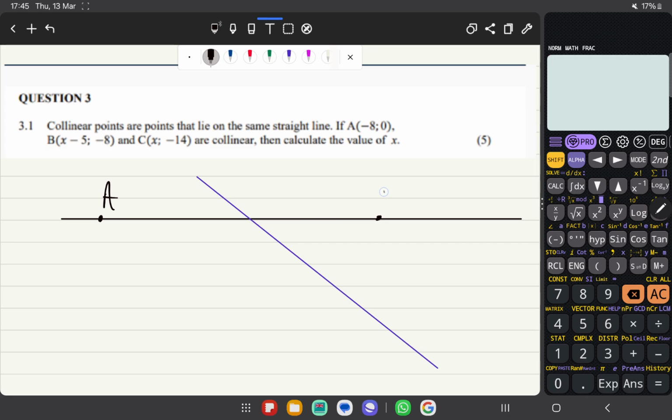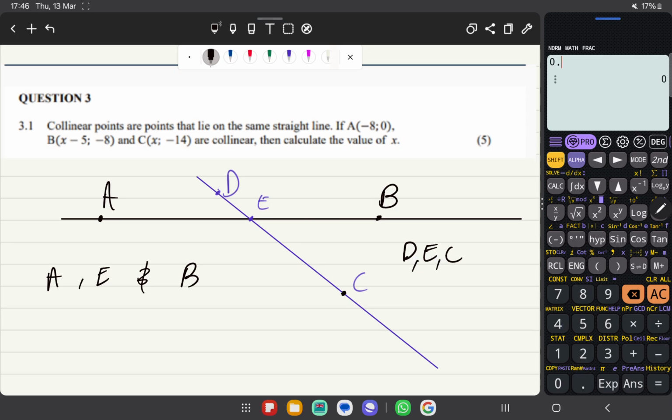I have point B, I have C, I have point D, I have point E. Realize that points A, E, and B are collinear, and D, E, and C are collinear.